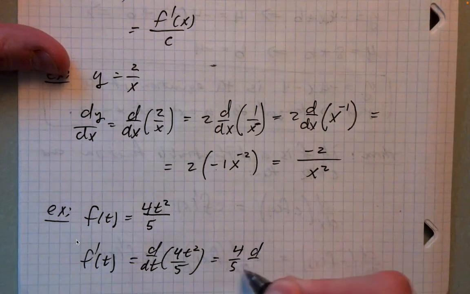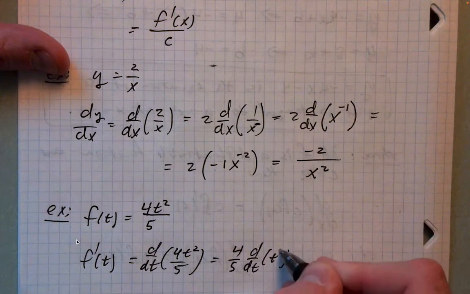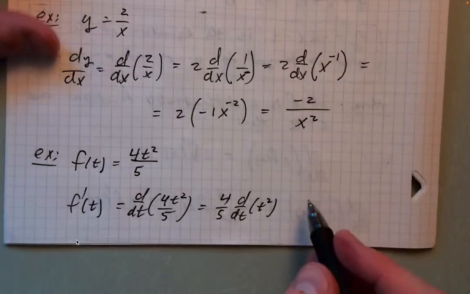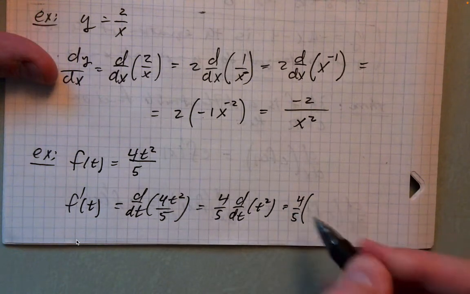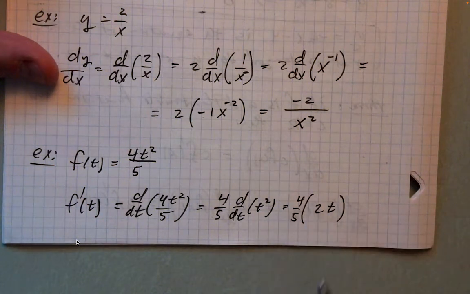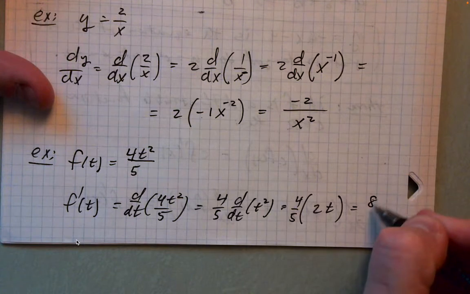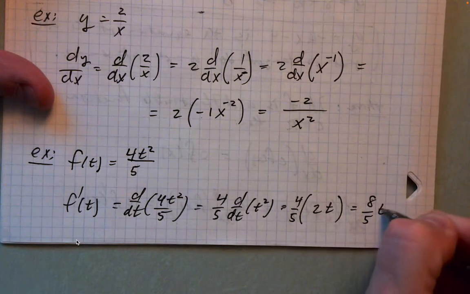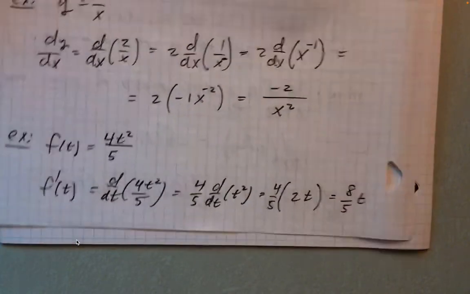You can pull that out just because I want to emphasize that that's what's being done here. That's sort of the emphasis of the section. All right, so the constant comes outside, and then you just have 4/5, and it's 2t, right? So it'd be 2 minus 1 in the exponent. And so this would be 8/5 t. So that's your derivative in this example. Okay.